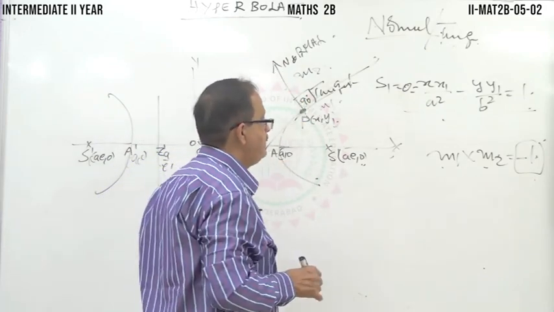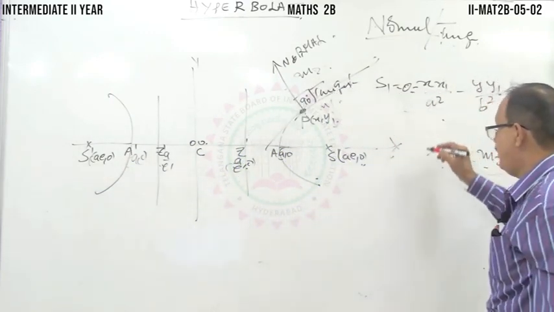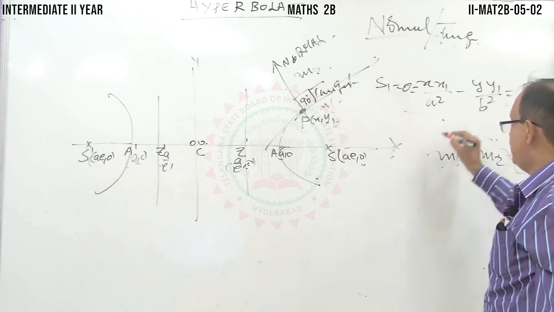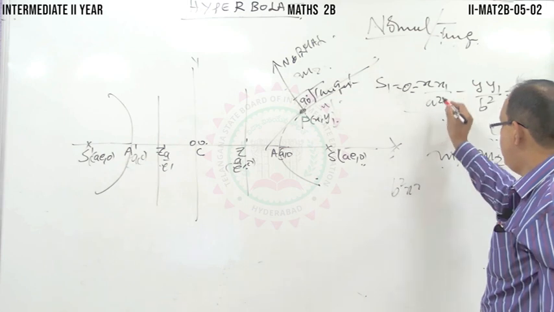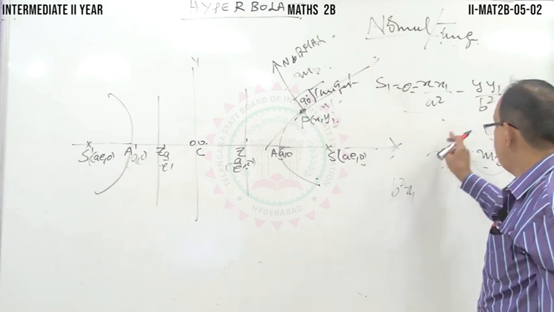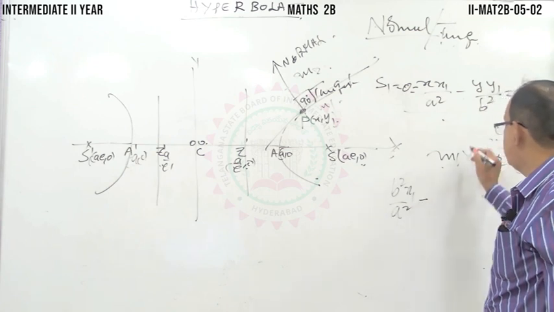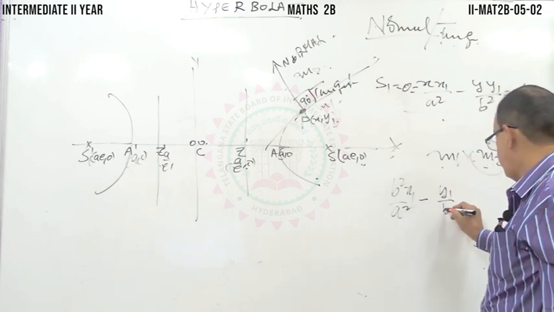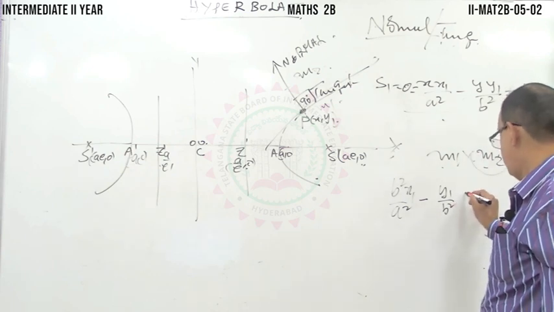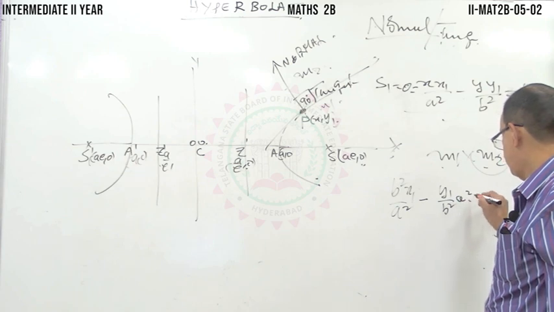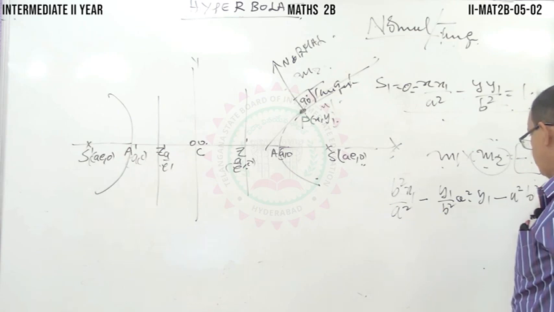Friends, when we see the normal equation, the product of slopes is minus 1. How do we extract the slope from this? As all of you know, it is b square x1 by a square minus y1 by b square, into y1 by b square into a square, y1 minus a square b square is equal to 0.